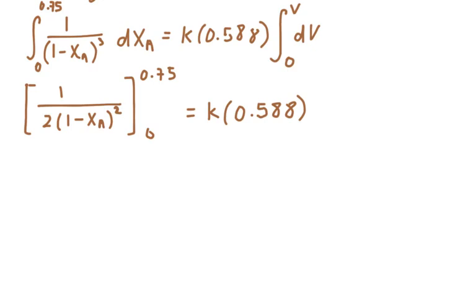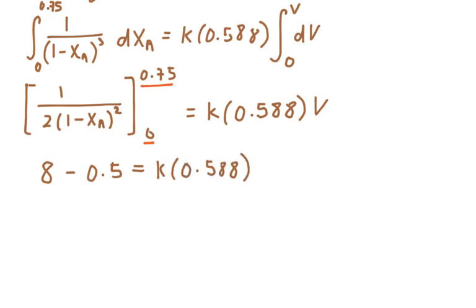Now integrating dV will give us a V. With that, you now have to input the two limits into the equation, and you will find that if you input 0.75 into the equation, you will get 8 minus, if you input 0 into the equation, you will get 0.5, and then you get k times 0.588 and the volume.